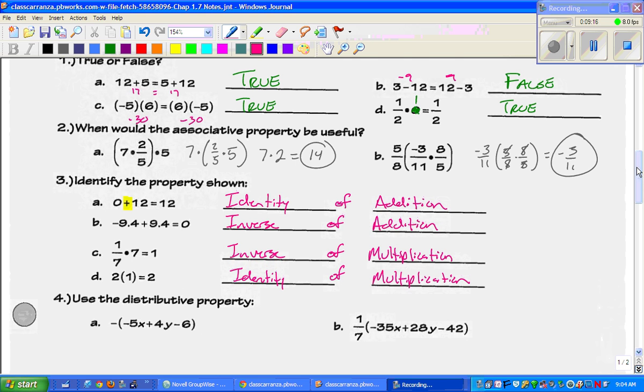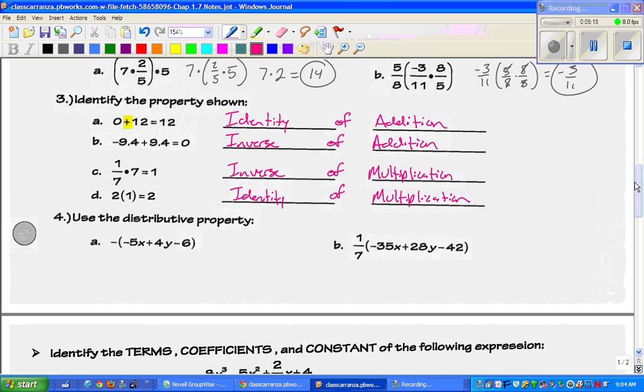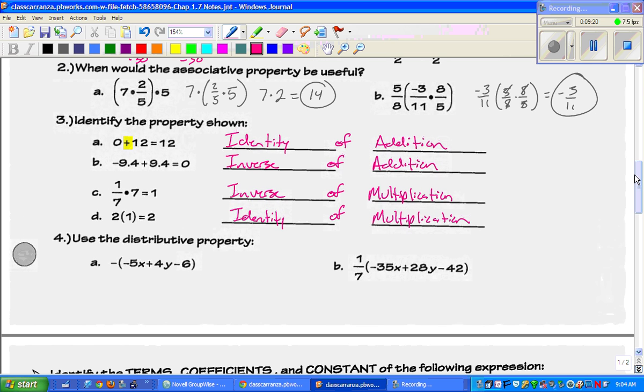Now, last thing we're going to go over is the distributive property right here. Now, the distributive property, you're going to take whatever number is outside and multiply everything. So, the only question is, what number is outside? And that is a negative 1.